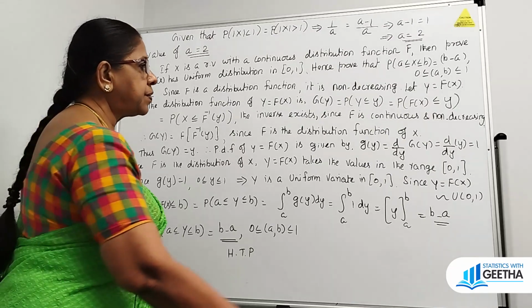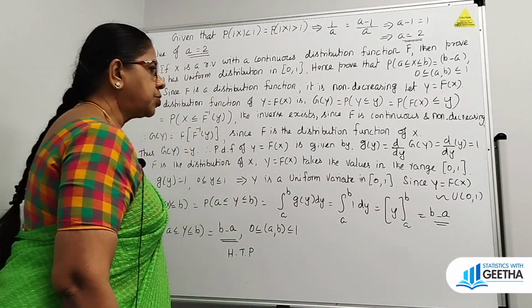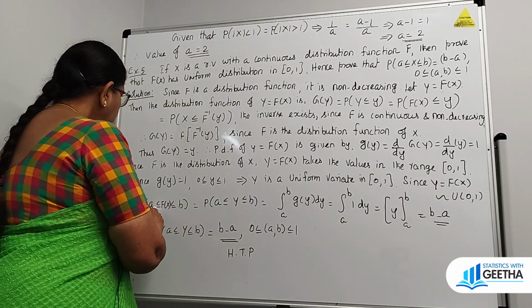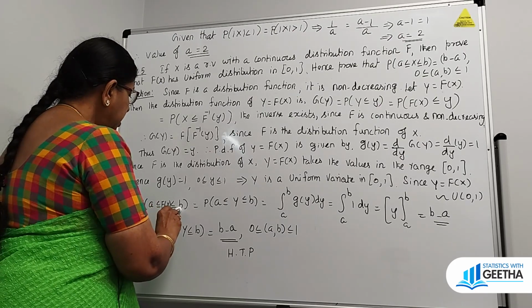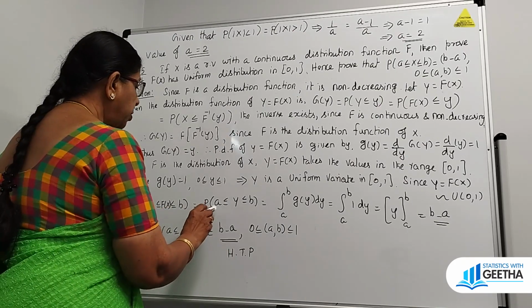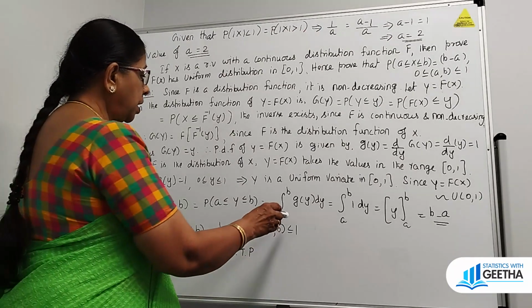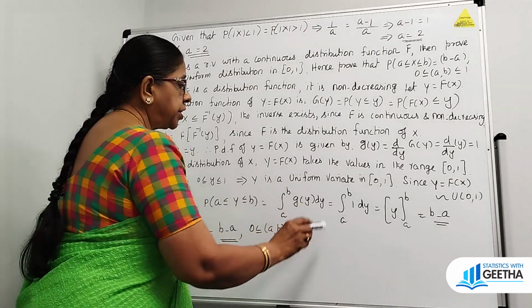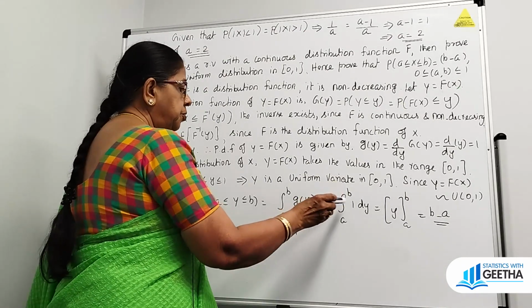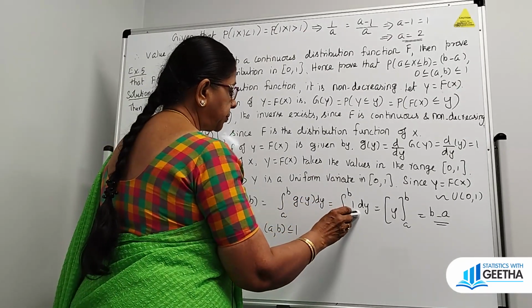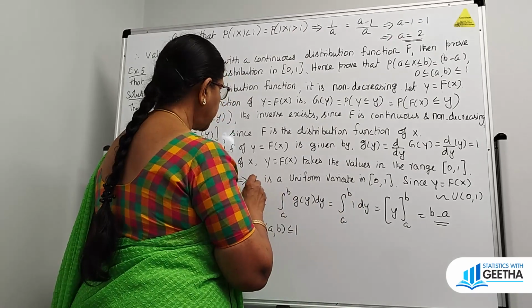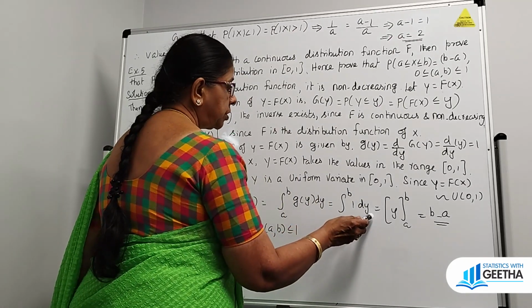Since y equal to F of x follows uniform 0, 1, probability of a less than or equal to F of x less than or equal to b, we can write as probability of a less than or equal to y less than or equal to b. Then it becomes integral a to b g of y dy. Integral a to b g of y, which is 1, into dy, because we have just found that. So dy comes.